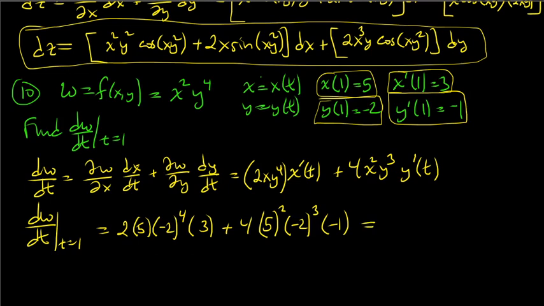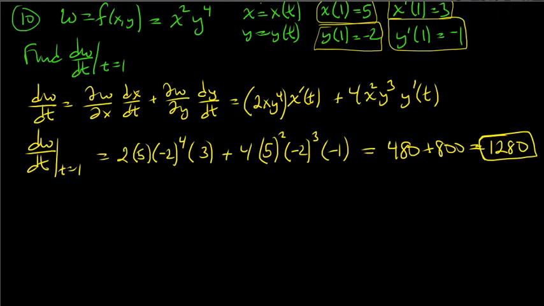And my calculator spits out, well, the first term is 480. The second term is 800. So I believe that's 1,280 as the answer. Okay, I think that's it.